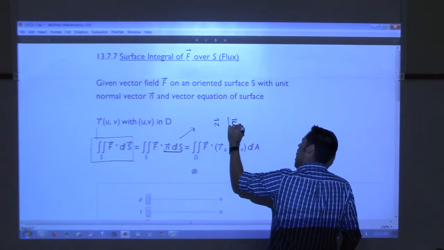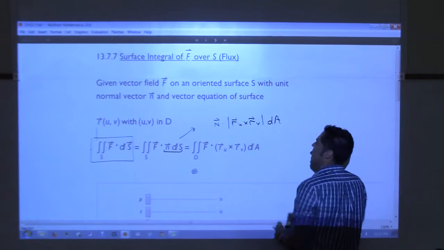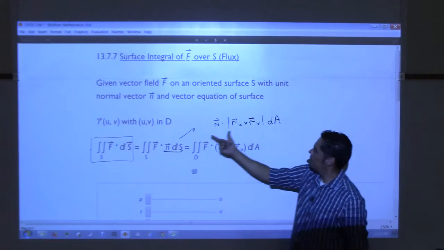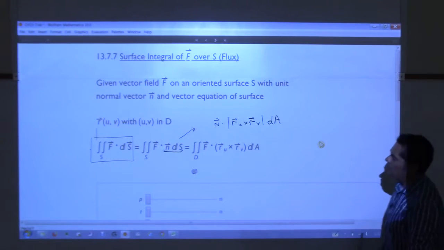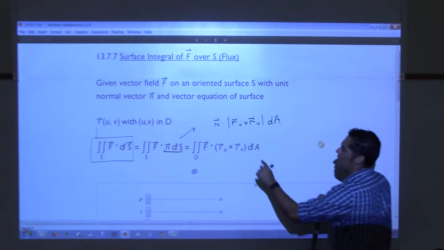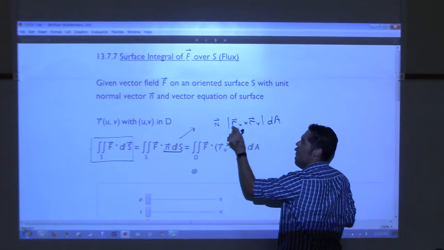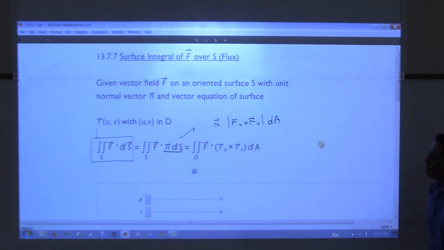Magnitude of r_u cross r_v dA. Isn't that what that is? Right? Like this? Yes? Okay. And by the way, is this dot or multiplication here? Multiplication, because this is all a number, isn't it? So this is scalar multiplication there.